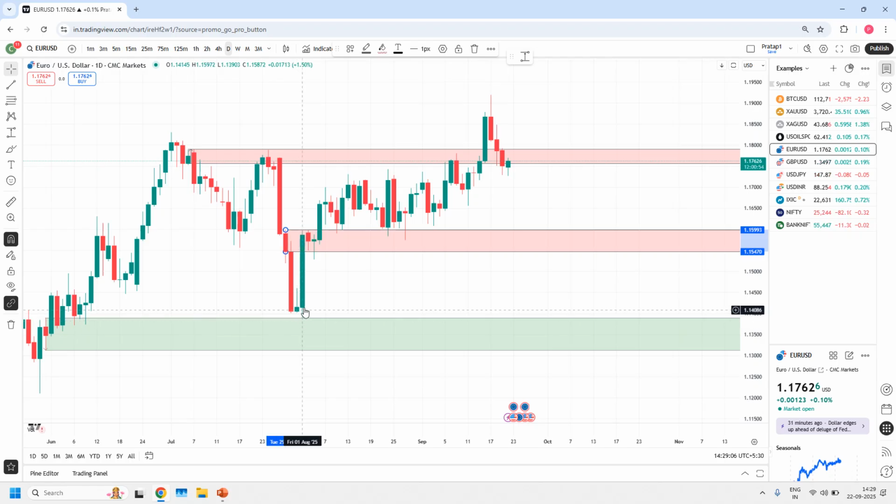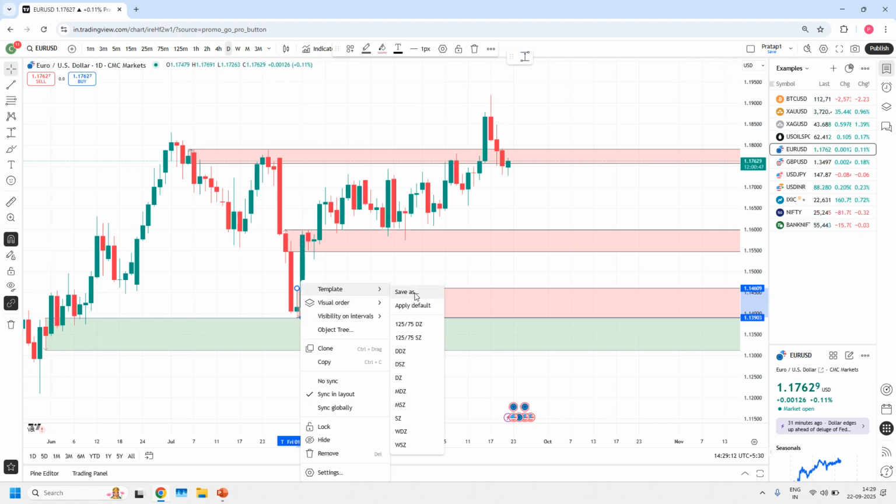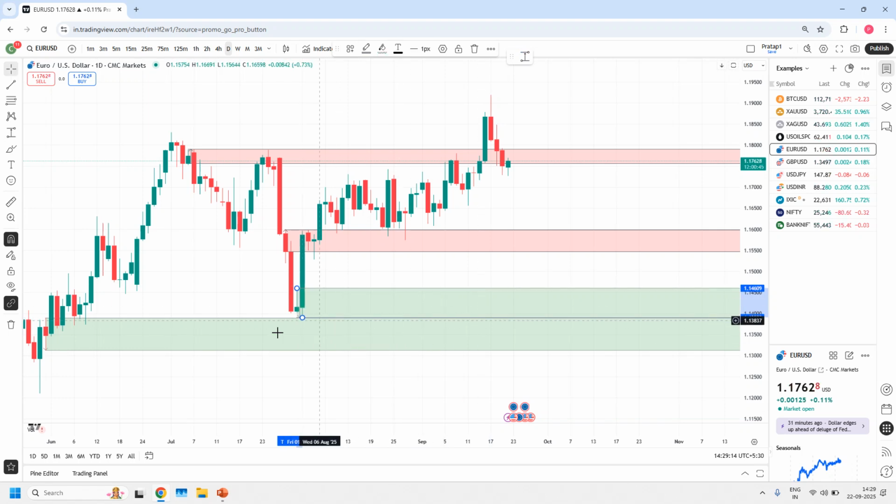Now this demand zone, again a LOTL zone is created here. Both these zones are overlapped with each other. If both are violated, then only you should consider trend change at this point of time. Anyway, prices are not here, but in future if they come and both are violated, then only the trend change should apply. If the first one is violated, you can't apply the trend change.